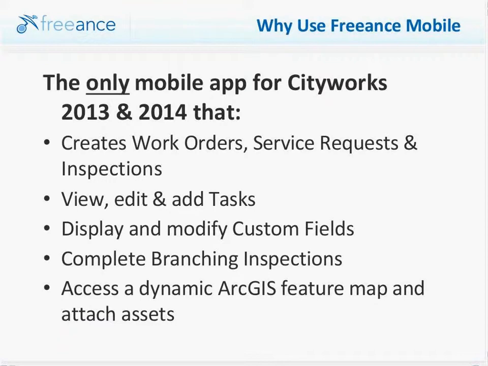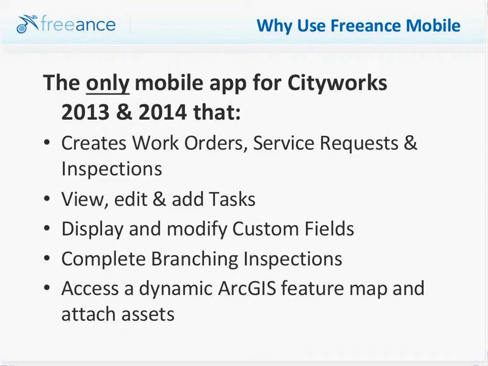And what does it do? Why do people use Freeance Mobile? Well, to beat our chest somewhat, we are the only mobile app, and I'm not talking about bringing out a web browser with a laptop, but a native mobile app that you download from the stores that does these functions. Create a work order, service request or inspection out in the field.